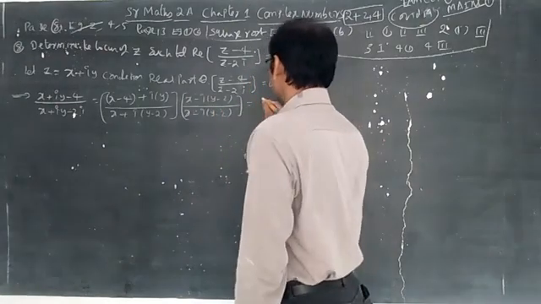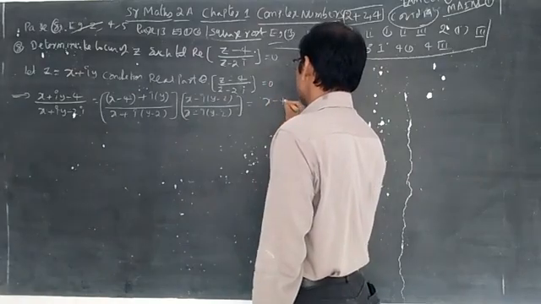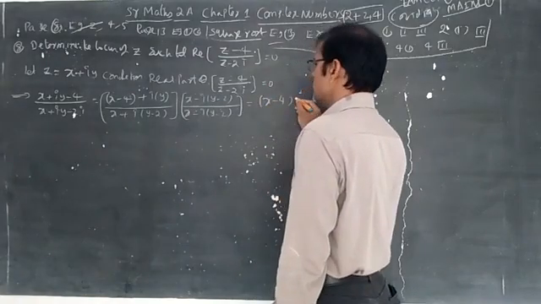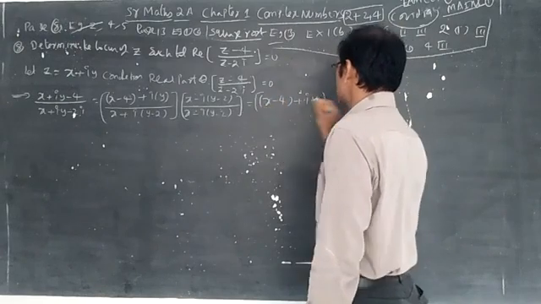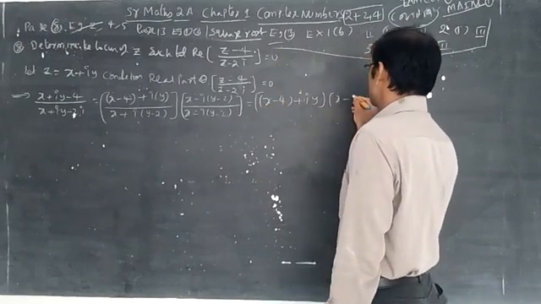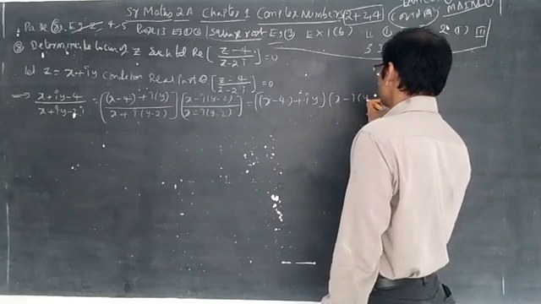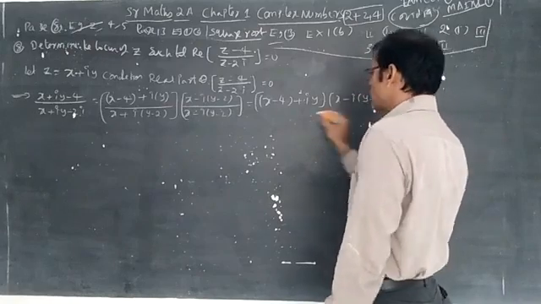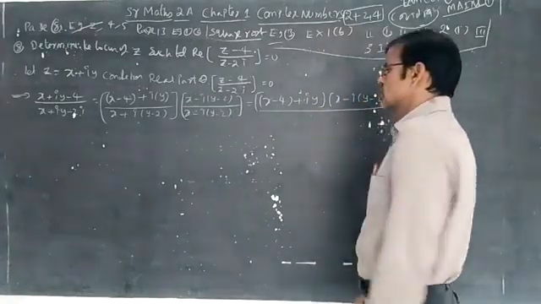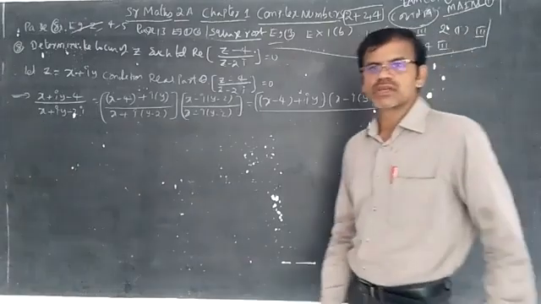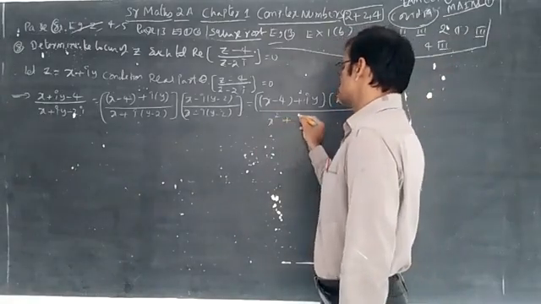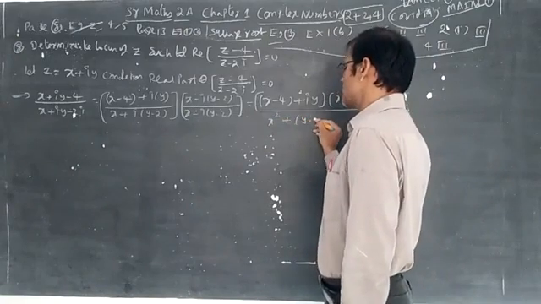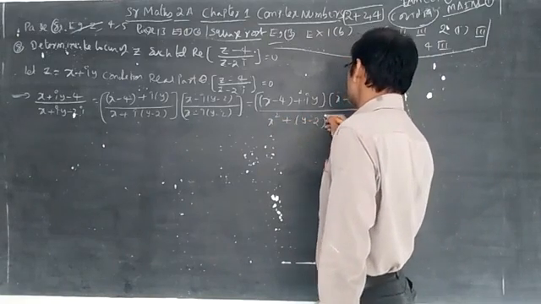That is equal to x minus 4 into x minus 4 plus iy within bracket into x minus I into y minus 2 whole by, understand the formula: a plus ib into a minus ib is a square plus b square. So here x square plus y minus 2 whole square.